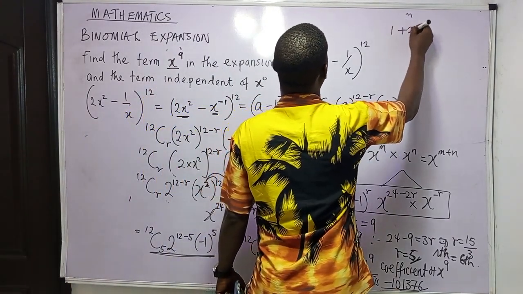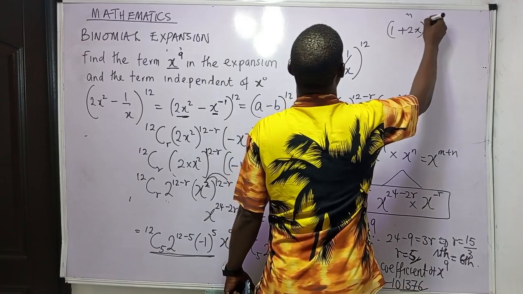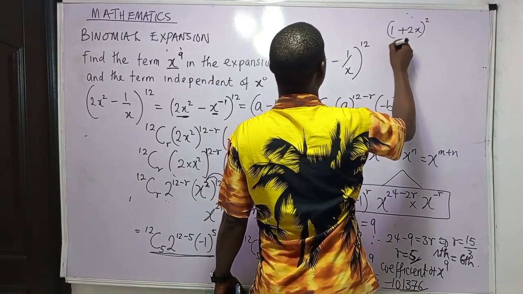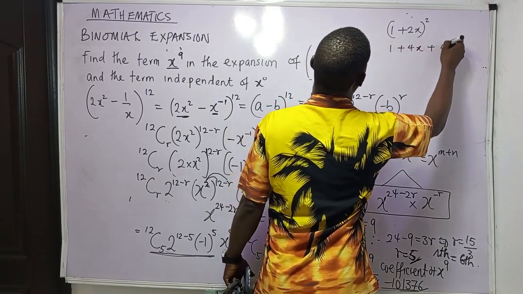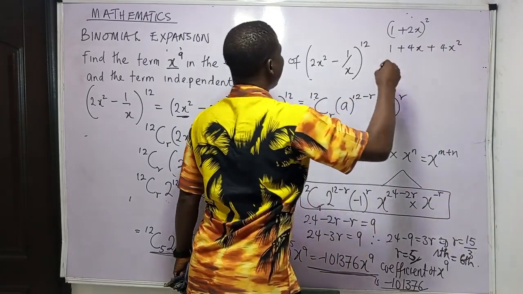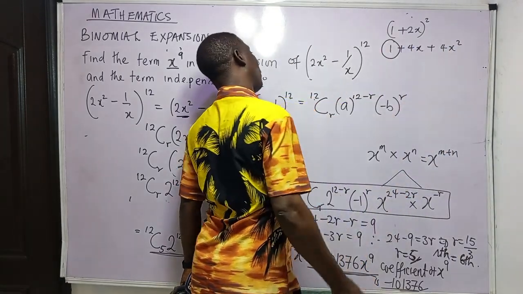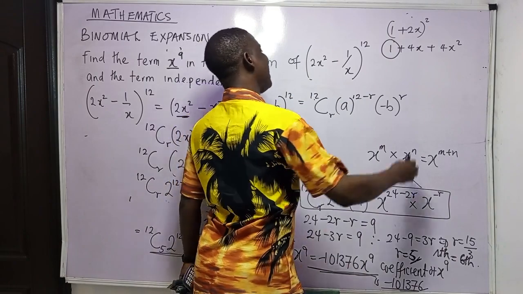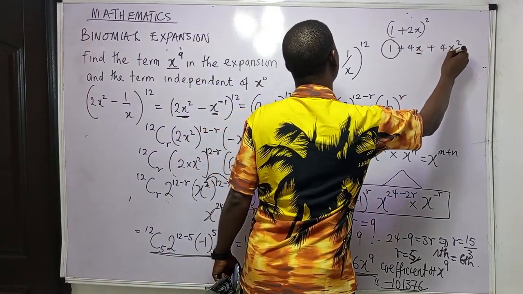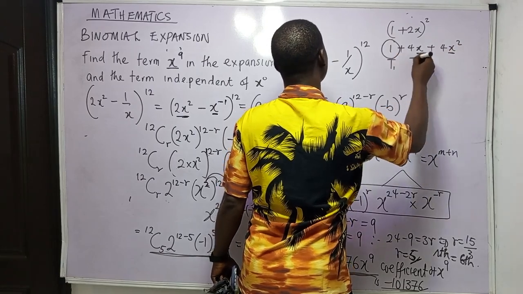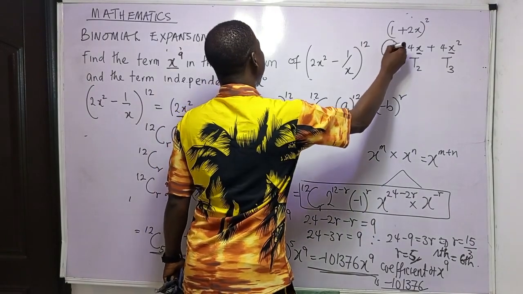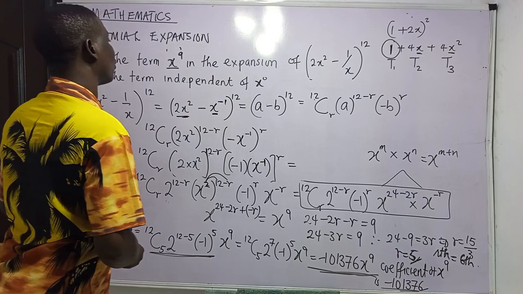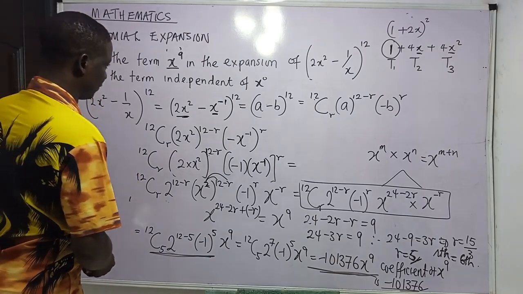For example, if I have 1 plus 2x all raised to power 2, if you expand this one it will give us 1 plus 4x plus 4x squared. The term independent of x is this one that does not carry x. This one depends on x, this one depends on x. This is T1, this is T2, and this is T3. So the only term independent of x is the term that does not have x attached to it.